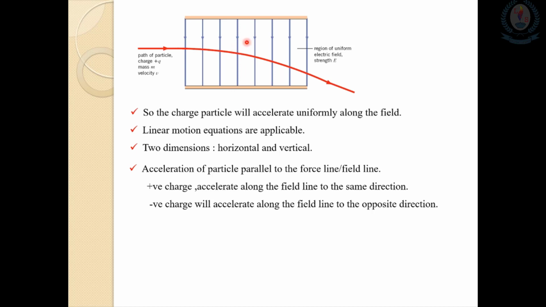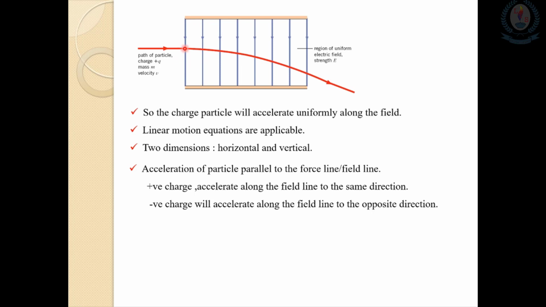So when we resolve the force at 90 degrees, it becomes 0. So no horizontal force is exerted by the field on the moving charge, as the charge is entering perpendicular to the field.